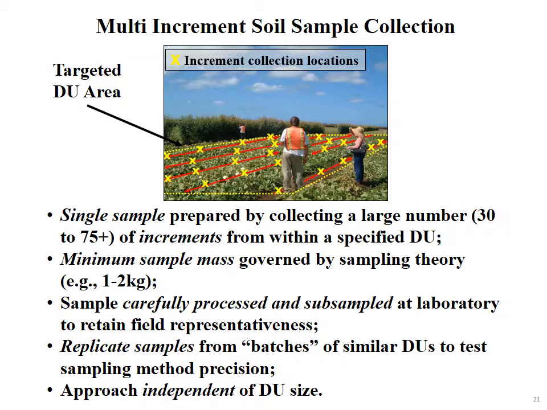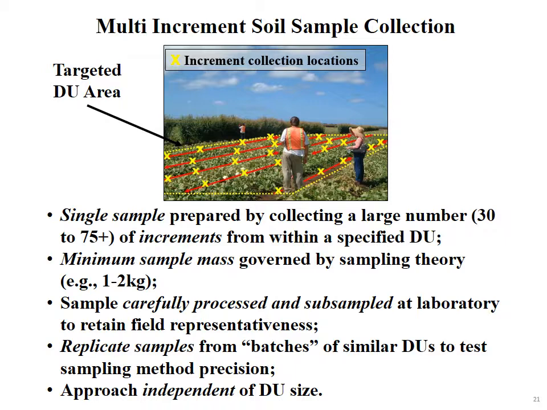Also, the laboratory has to follow through on the whole multi-increment sampling method. So the laboratory is typically taking the sample, air drying it, as long as these are non-volatile contaminants, and then sieving it to less than 2 millimeters, which we define generally as soil-sized particles. And that keeps the evaluation from one site to the next on the soil-sized particles.